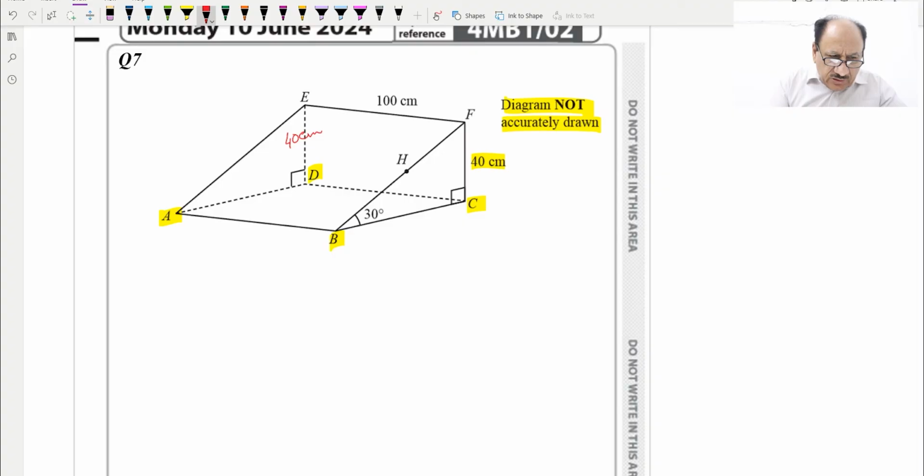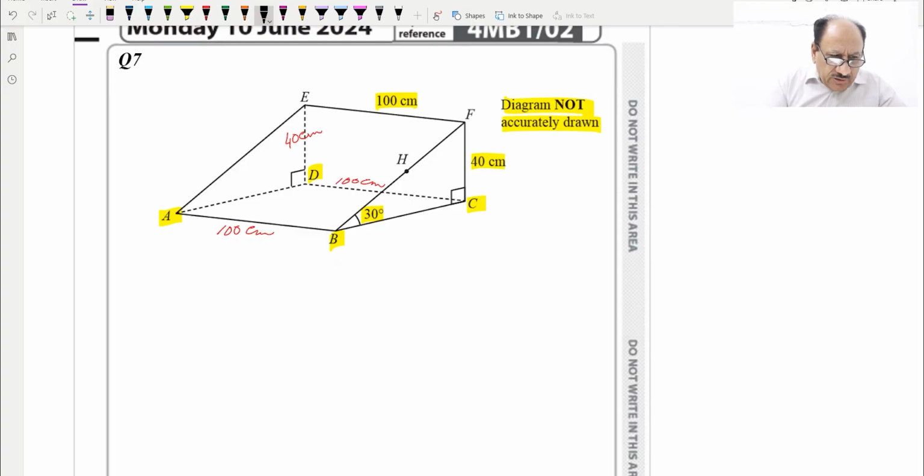And next they are saying EF is equal to DC, and also AB, which is equal to 100 centimeters. So this one is 100 centimeters, and this one also 100 centimeters, and this one also 100 centimeters. This is the information provided. Angle FBC is 30 degrees, which is also provided.